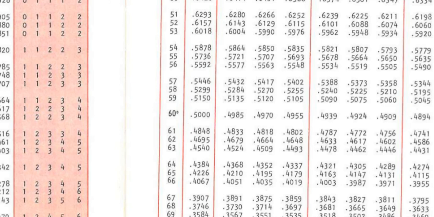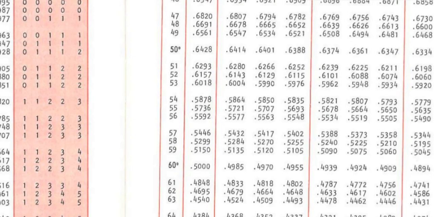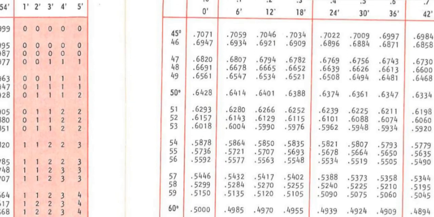60. Now you remember reading those tables from earlier. That is 60.0. Okay?